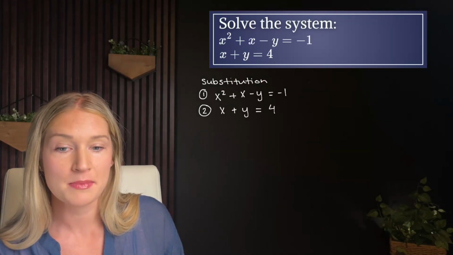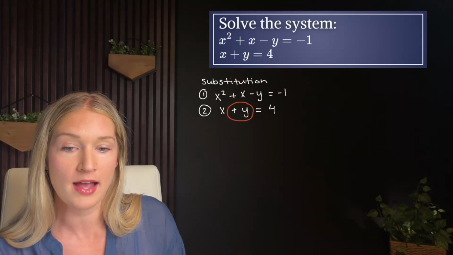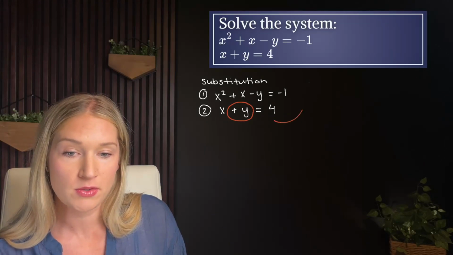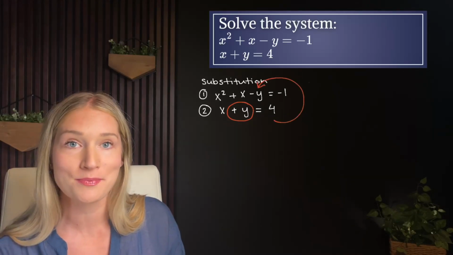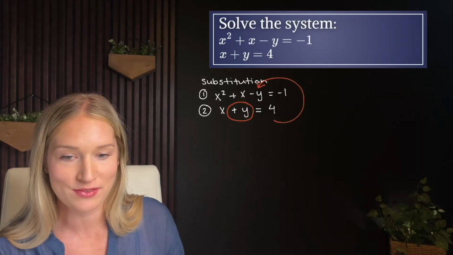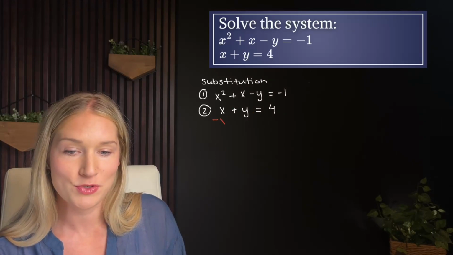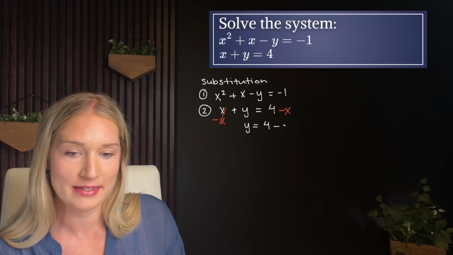So instead, let me go ahead and solve for y, and then when I substitute, I only need to place it into one position in that other equation. To solve for y, I'll just subtract my x from both sides, and I find that y is 4 minus x.